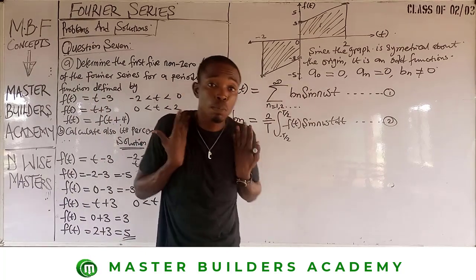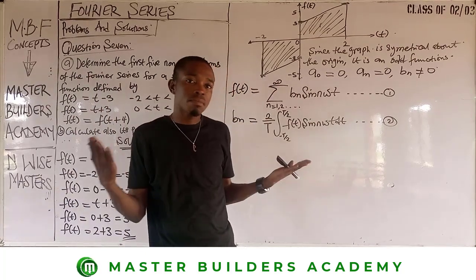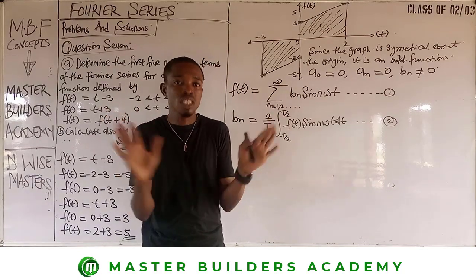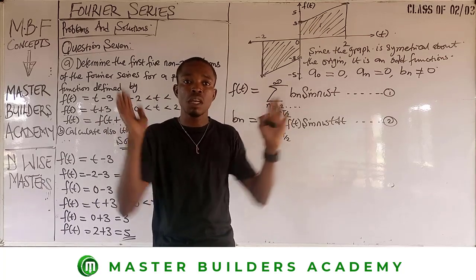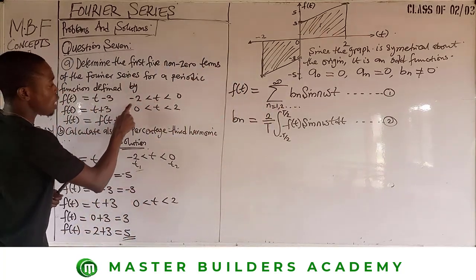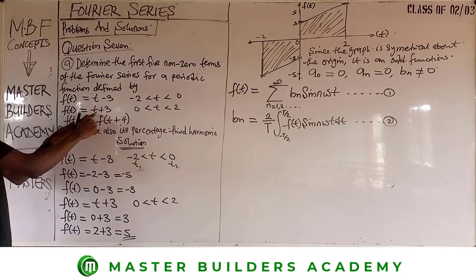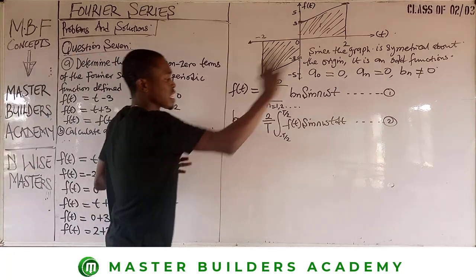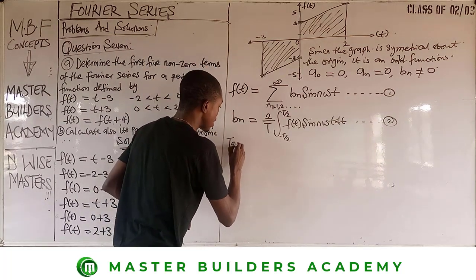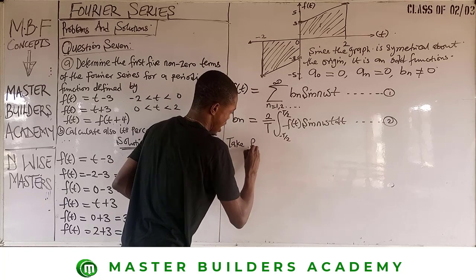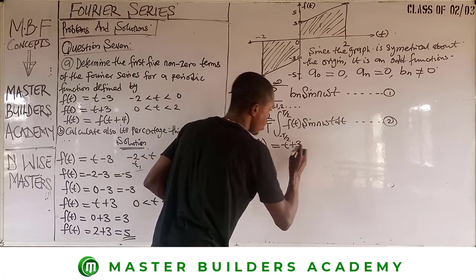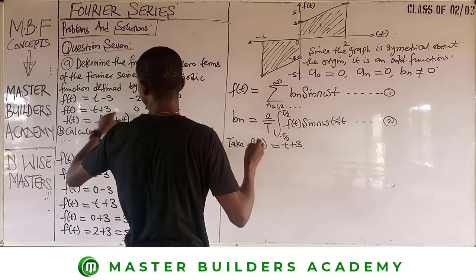Me, I like simple life. I don't like using negative as limits, positive. So since I have a choice of choosing a positive, I will go with the positive. So because of this limit that I'll be taking now, I will take this function. All I need to do now for symmetry, because it is symmetrical, I will take f of t as t plus 3 for which limit now?